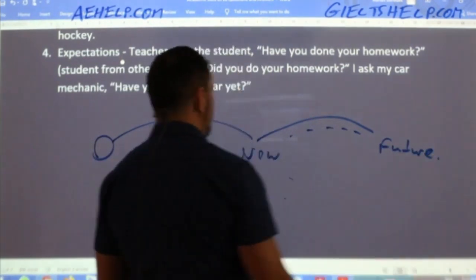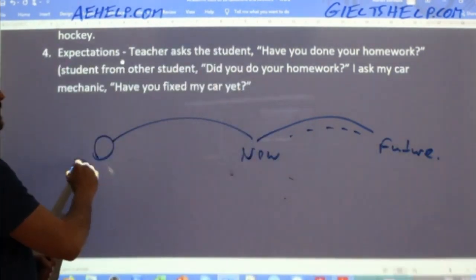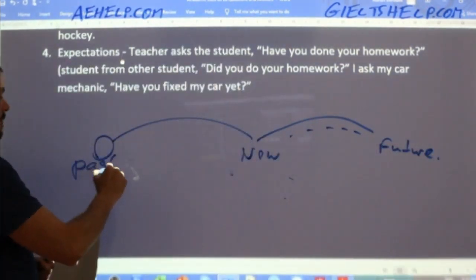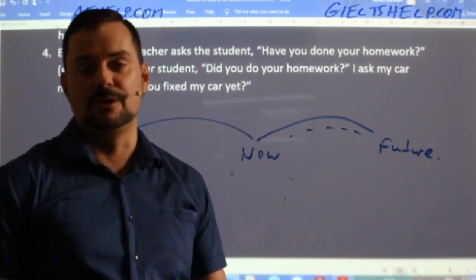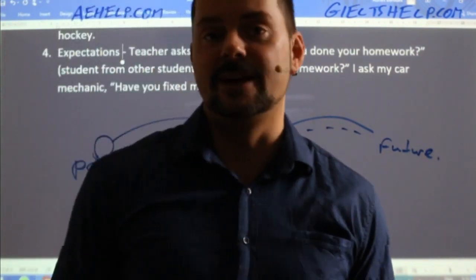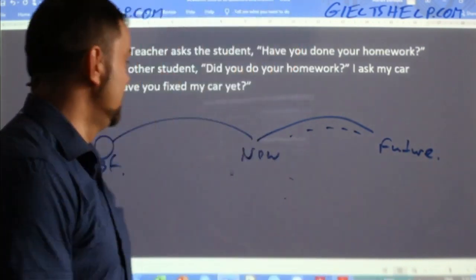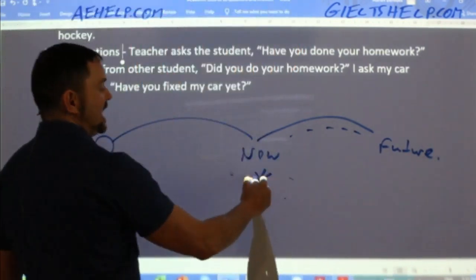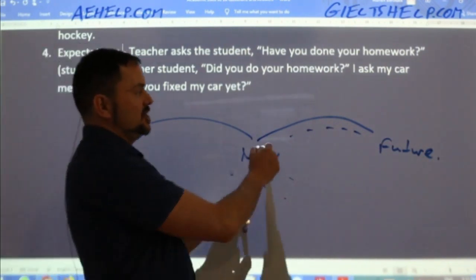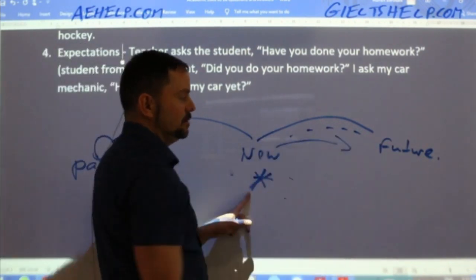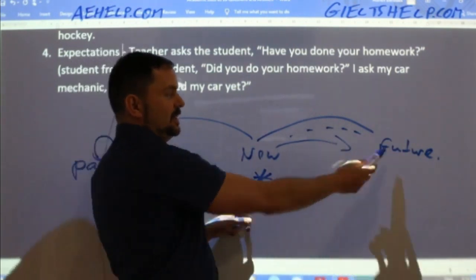Now, if you think of expectation, okay, if you had a problem with your car and it broke down, and here you're asking the mechanic, have you fixed my car yet? Is your expectation going to disappear into the future, or will it still be there in the future?